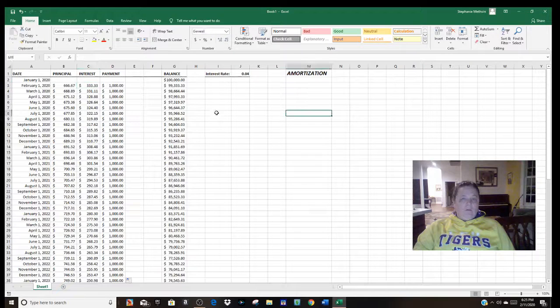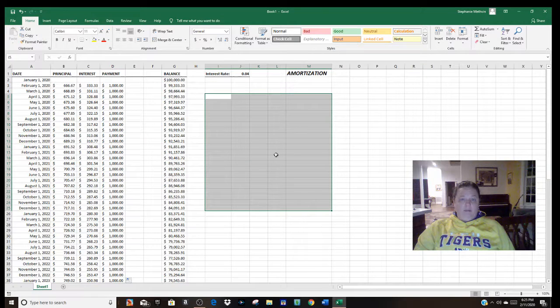Okay. Your assignment is to locate a vehicle that is for sale, a real vehicle out on the internet or somewhere. I'd like you to attempt to put all that information in a pretty little box right here. Put a picture of the car in there, put the price, maybe the advertised interest rate, the advertised payments, whatever.